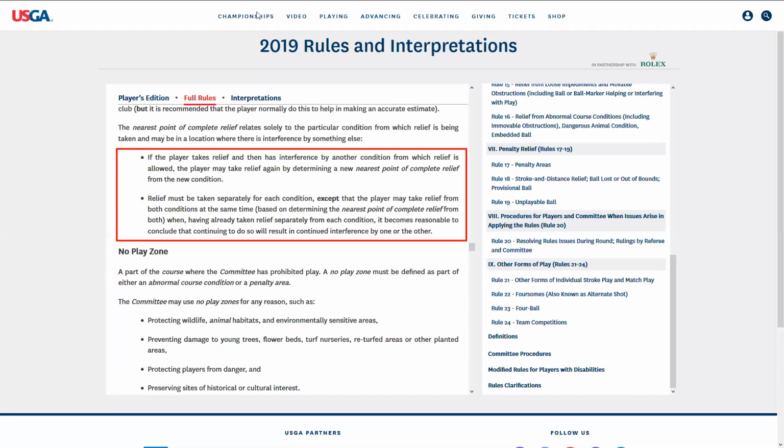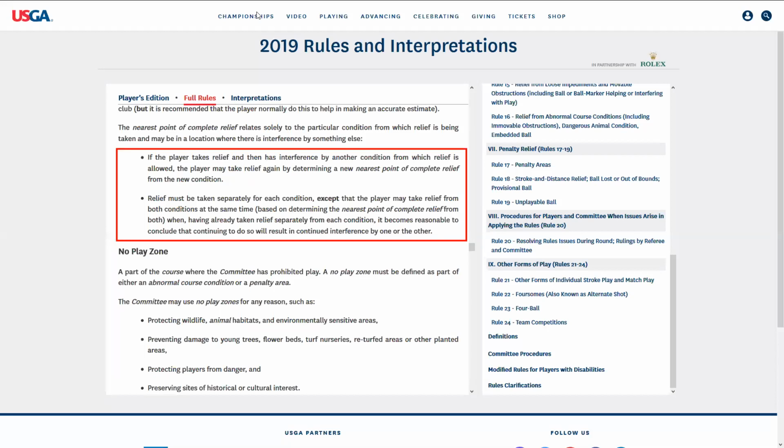And your nearest point of complete relief for that is back on the cart path. What this says is you have to go through that exercise. You must actually drop it in two different places before you're allowed to take relief from both at the same time. That's not a change in the rules. That's just moving an old decision into the rules.